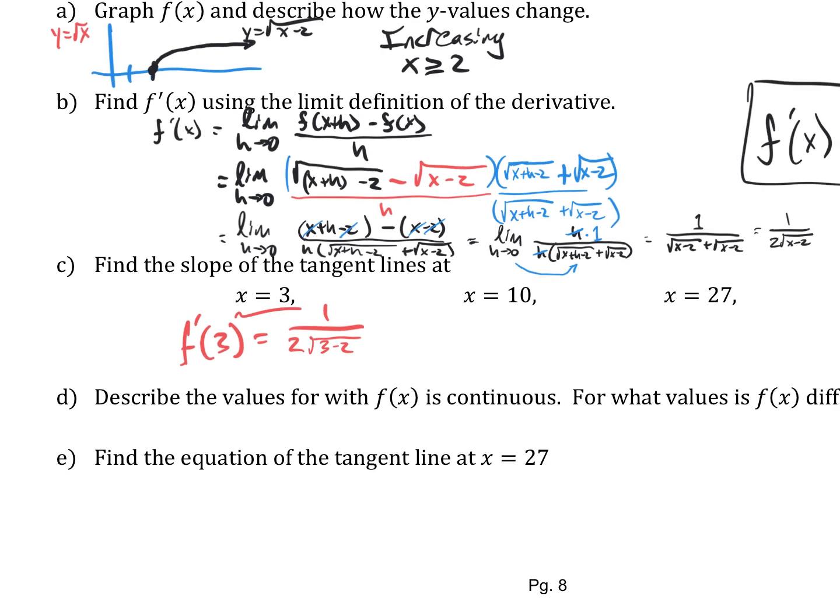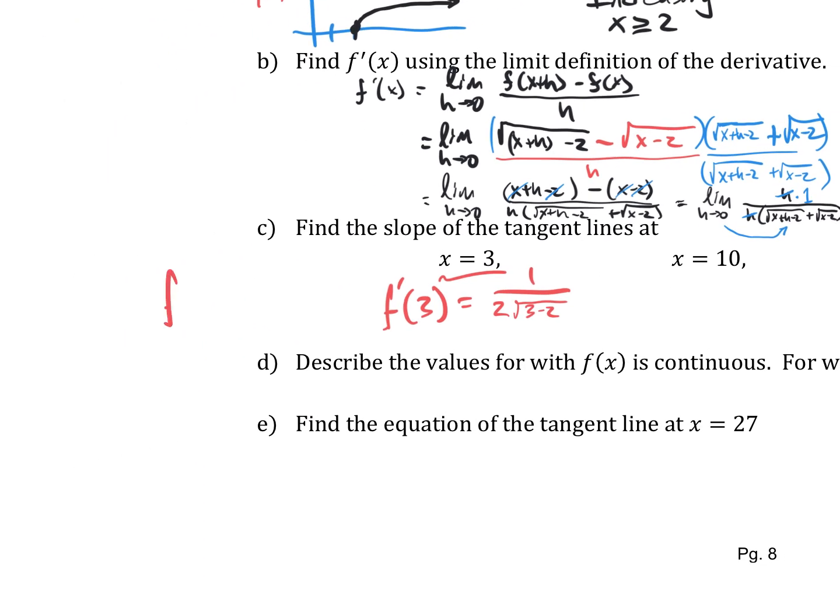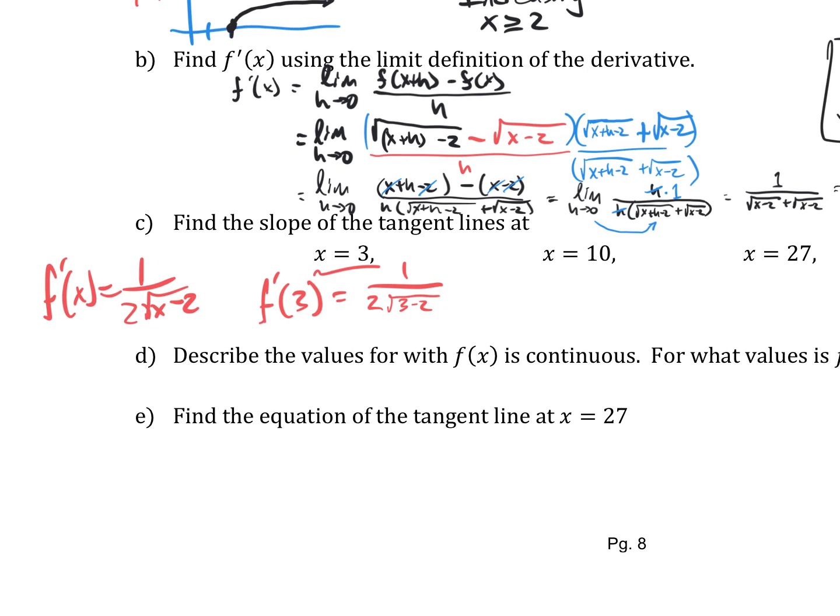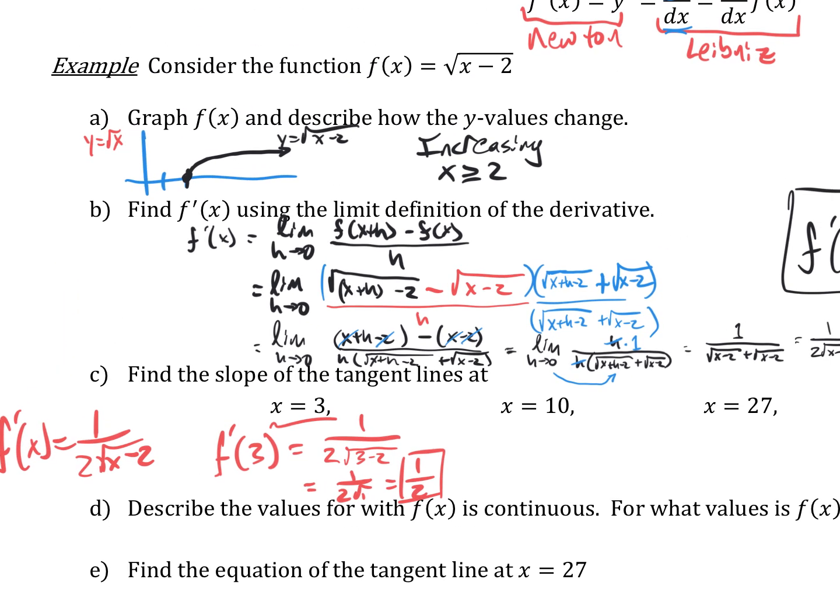Using our formula up there, f prime of x is 1 over 2 square root of x minus 2. So we plugged in 3, and we got 2 times the square root of 1. The square root of 1 is 1. So this is just 1 over 2. So the slope at x equals 3 is a half.